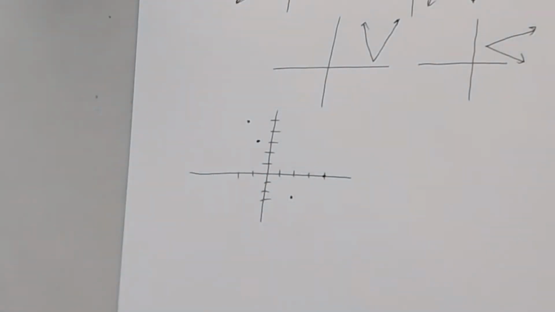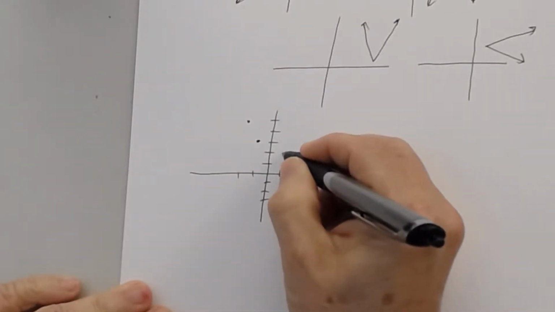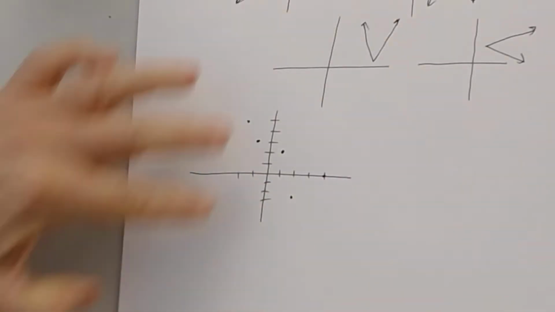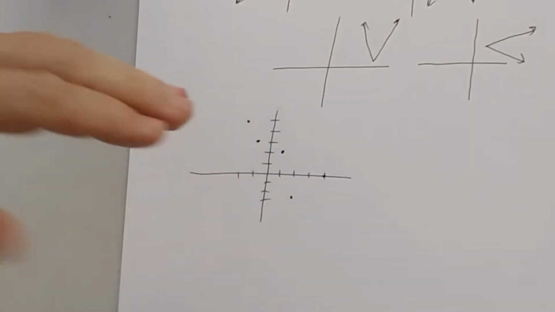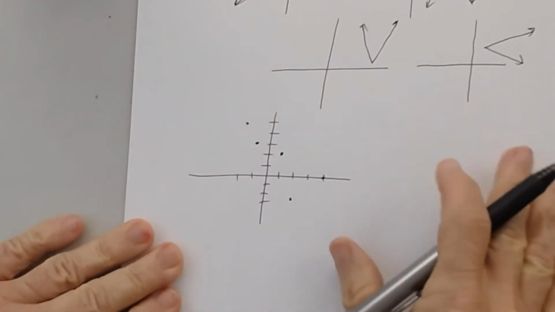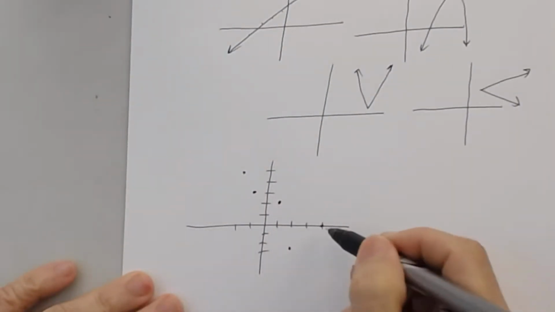All right? So I think I did all of them. -1, 2. I forgot 1, 2. All right. So this is also a relation because it is a set of what? Ordered pairs. All right. Now, 1, 2, 3, 4, 5.